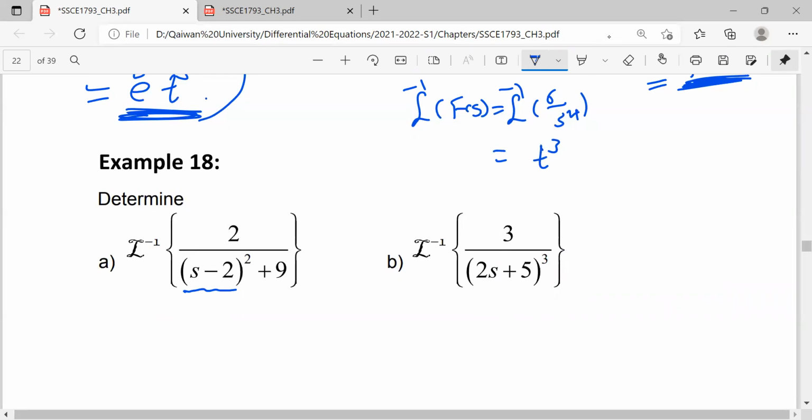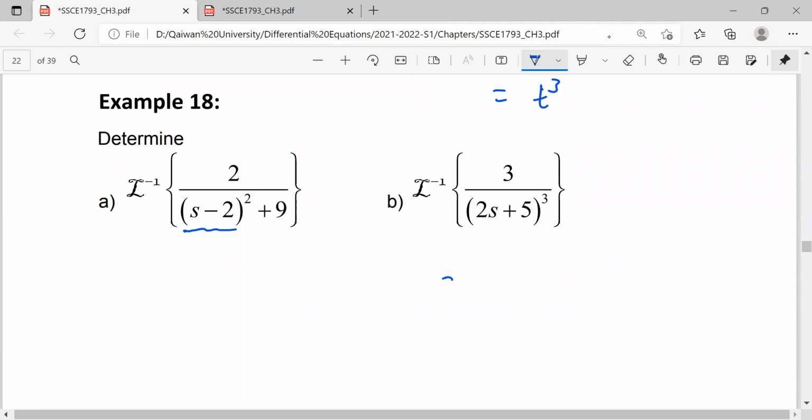We say the Laplace inverse of F of s minus a equals e to the power at times f of t.